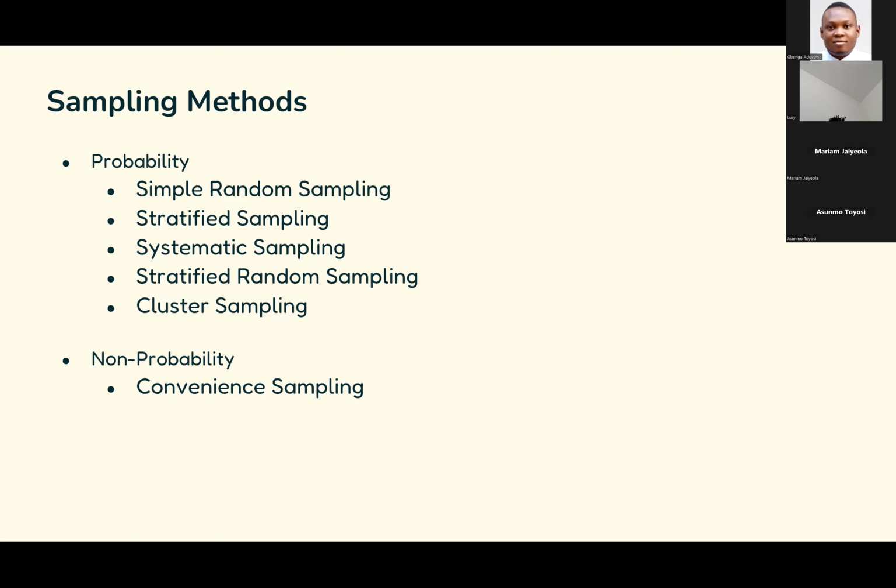Let's say I have 1,000 employees in a company and I don't want to interview everybody. I want to carry out a survey to check their performance or what they feel about the salary increment, okay?